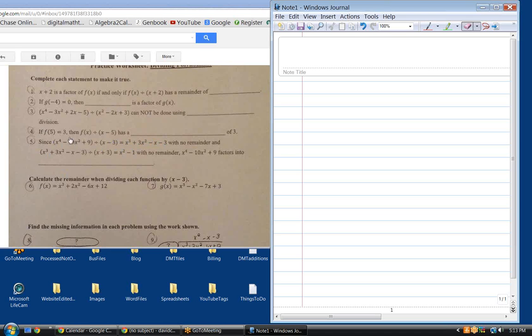And if I divide this resultant cubic by x plus 3, I get a quadratic with no remainder, which makes what? Minus 3 also a solution. In other words, these two statements tell me that x minus 3 is a factor and x plus 3 is a factor. Okay, so it factors into... Well, let's write it.